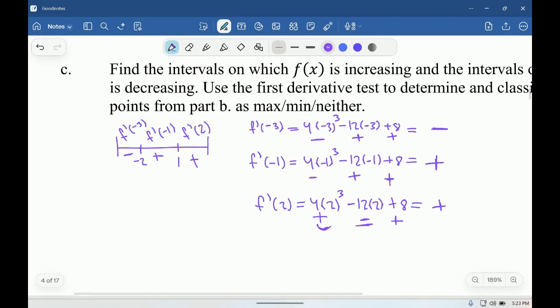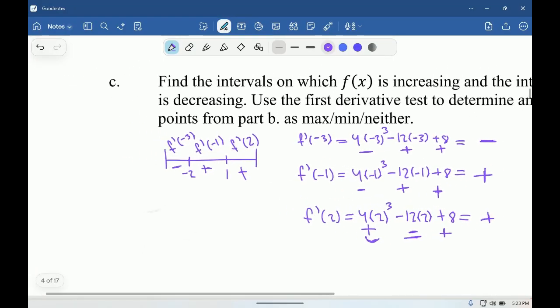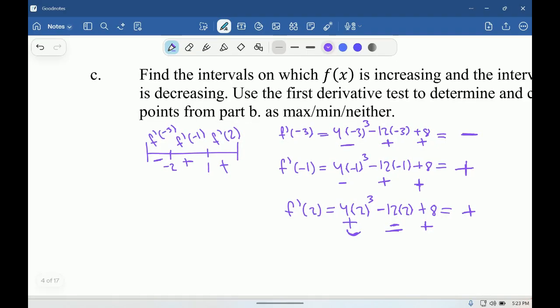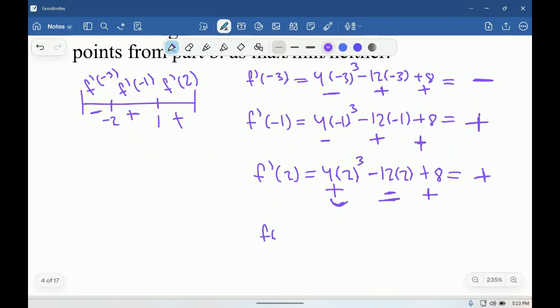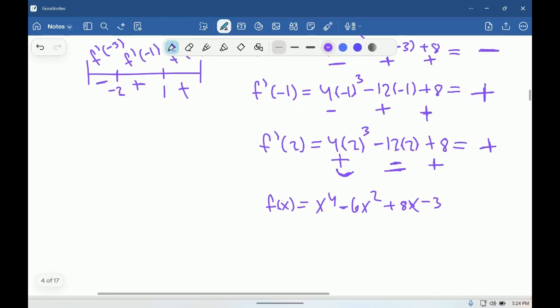And now we're going to want to find where the intervals are, or where it's max and where it's min. To do this, we're going to have to use our f of x equation, which I believe is x to the fourth minus 6x squared plus 8x minus 3. And we're going to plug in our critical numbers, so f of -2 and f of 1.